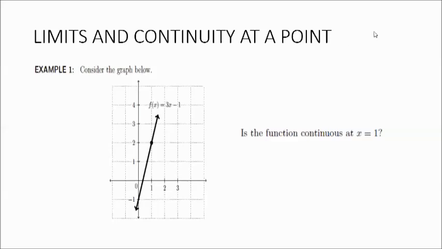Ayan, so yes, the function is continuous at x equal to 1. So basically, para malaman class na continuous yung point na yon sa function is if naka-define yung point na yon sa given na graph. Ibig sabihin, meron siyang corresponding value for y dun sa point na yon.